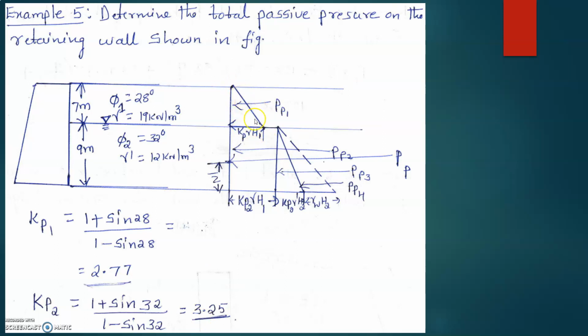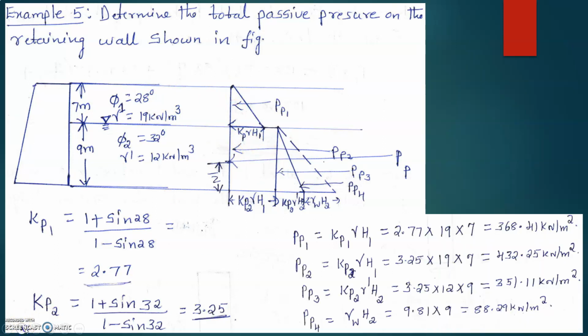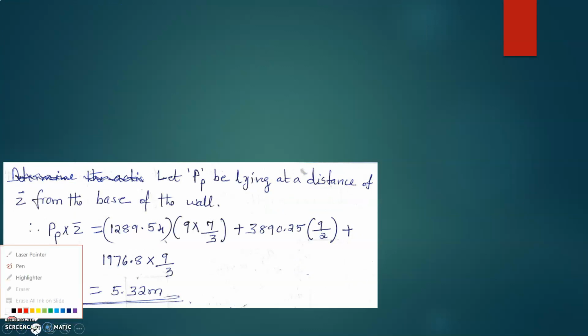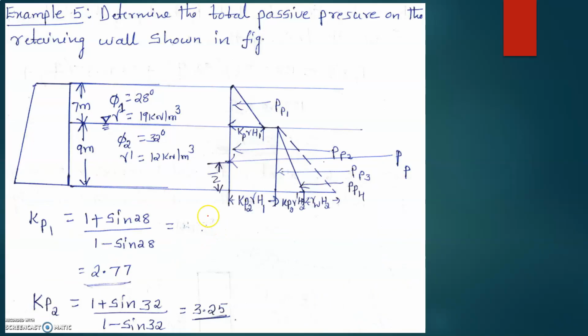Okay, so this is due to the horizontal surface without submerged soil. So that is Kp1 into gamma into H1, and it moves slightly to this side because the friction is different.